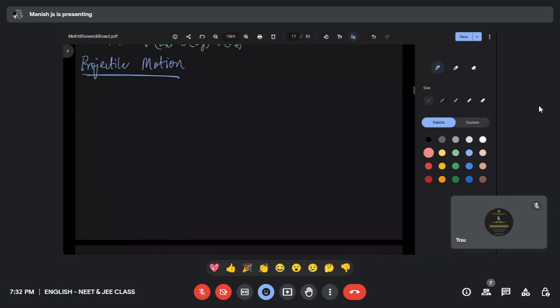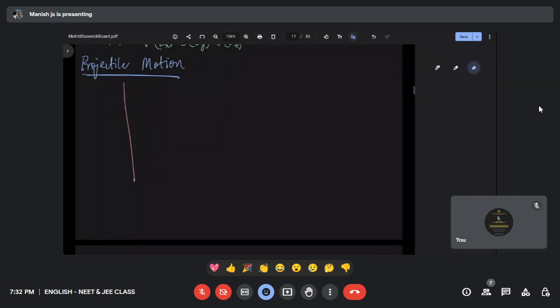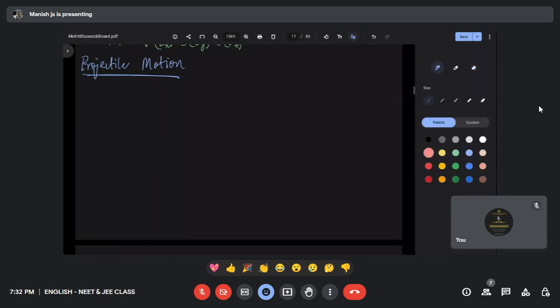Let me draw the x and y axis first. Say this is your y axis and this is the x axis. Now, when an object is projected, it takes a parabolic path. This is the parabolic path.